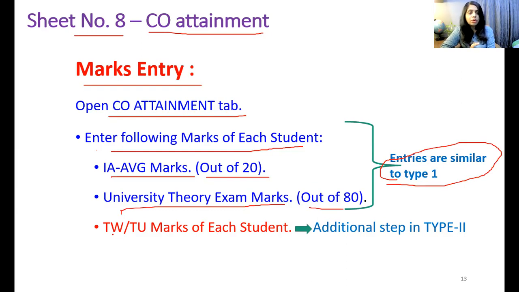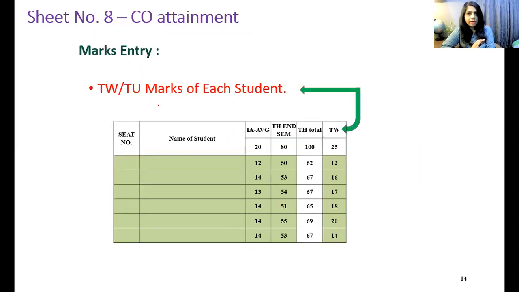Now what is new for type 2 is only 1 additional column. The sheet is exactly the same, but in type 2 only 1 additional column is provided, that is term work tutorial marks for each student. So it is the same, sheet number 8, CO attainment, marks entry: seat number of each student, then name of student, internal average.